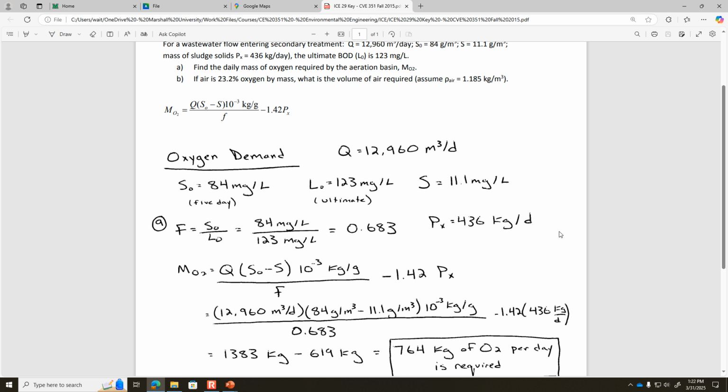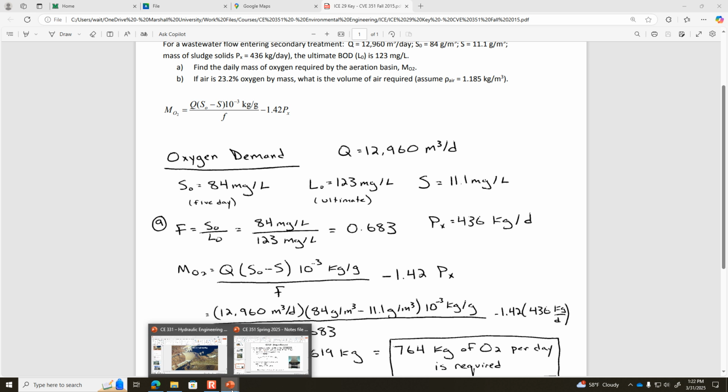It's representative of the increased microbes per day being generated by consuming BOD. So it reduces the amount of oxygen demand. So you can see 764 kilograms of oxygen per day.